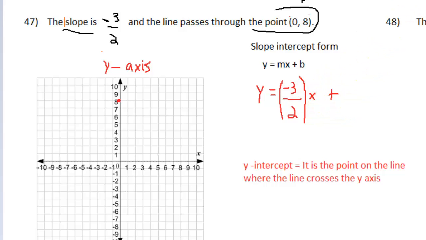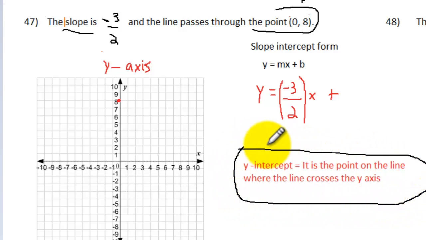The y-intercept is a point on the line where the line crosses the y-axis. So when we build the line that this equation represents out of various points x and y, that line will go across the y-axis at this point.